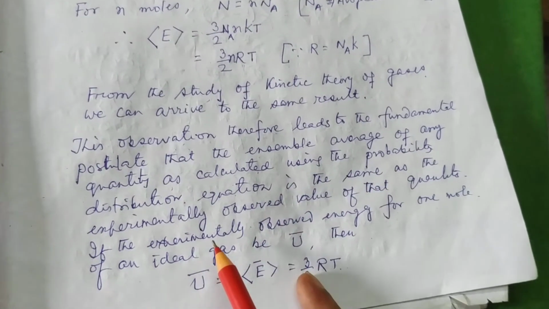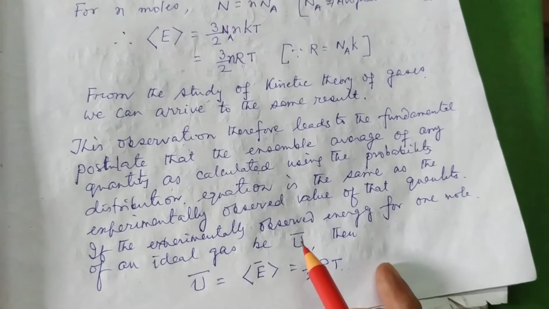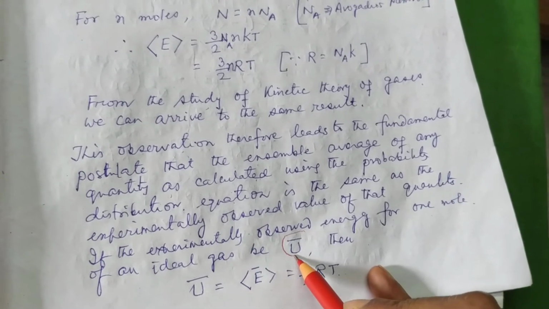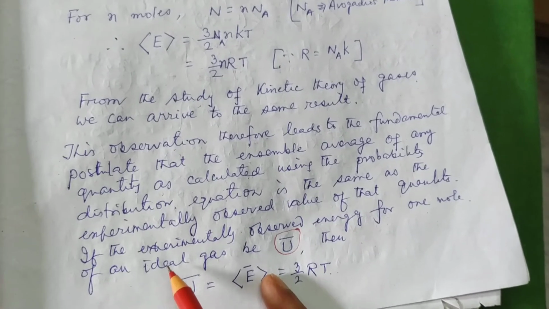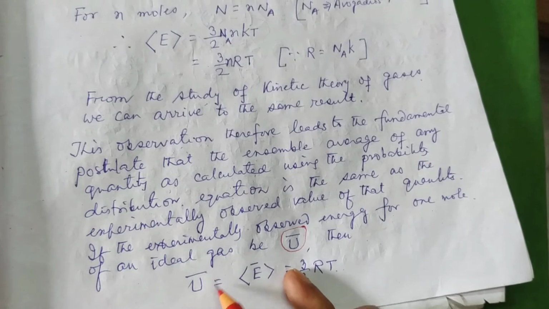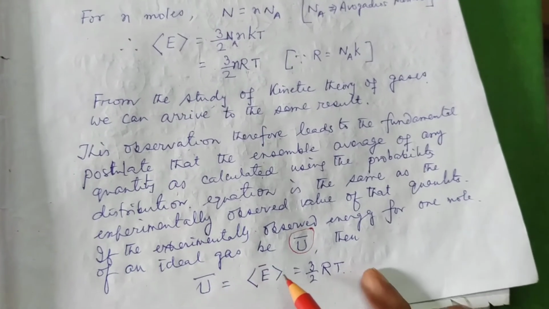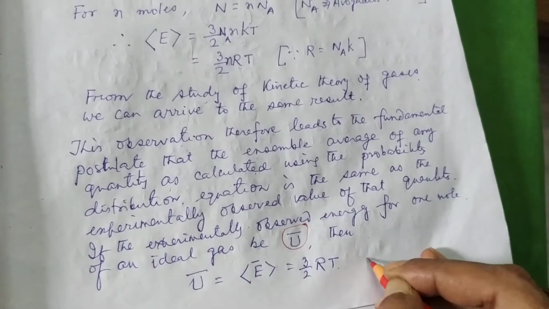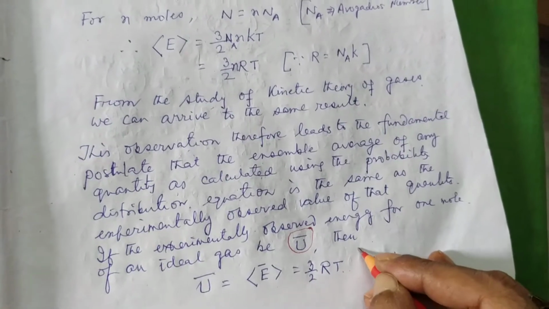Now if the experimentally observed energy for 1 mole of an ideal gas is U bar, then we can write U bar equals the average E bar, that is, per mole. This equals 3/2 RT because n equals 1.